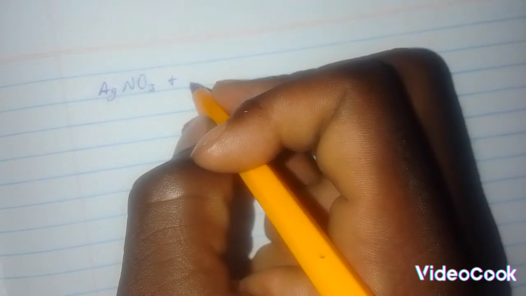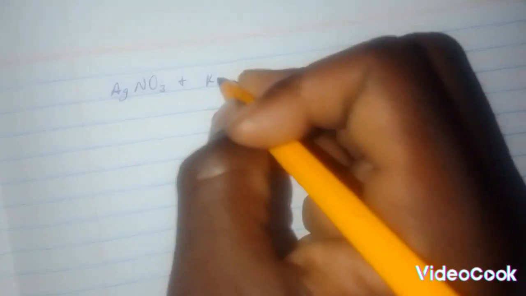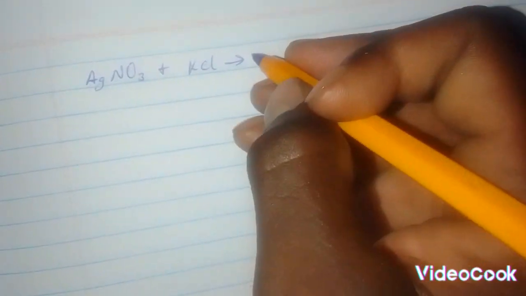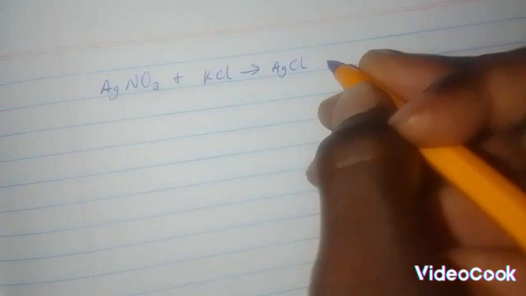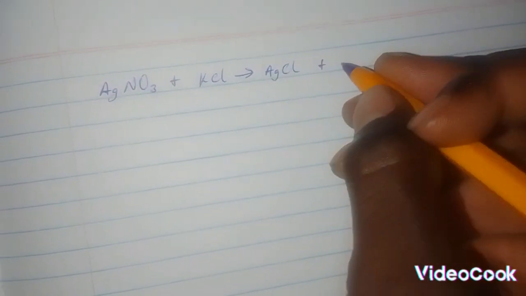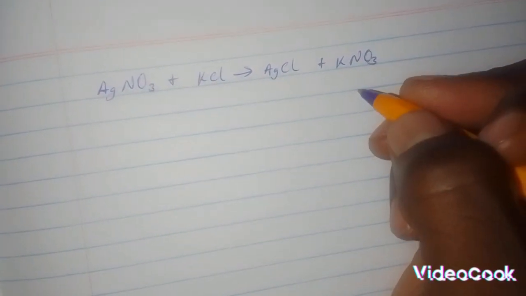Now, it's so important that we first of all identify the equation. So silver nitrate was added to potassium chloride to produce silver chloride plus potassium nitrate, of course, like this.